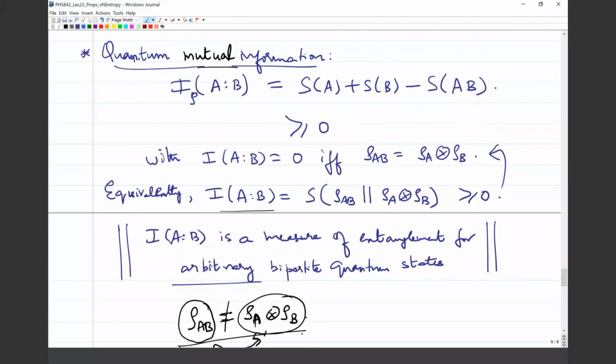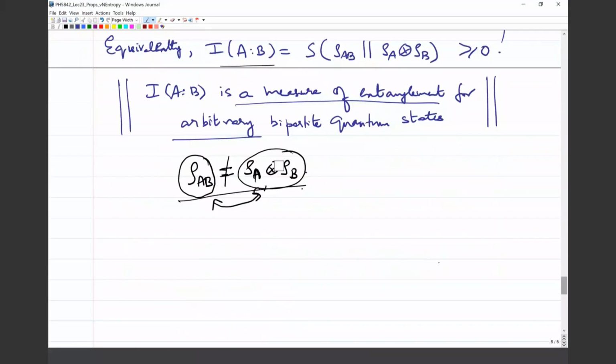So while this is a measure of entanglement, there can be other measures of entanglement which might make sense in other scenarios and so on. But the fact that the mutual information is non-zero clearly tells you that the state is correlated. There is some correlation across subsystem A and subsystem B. Okay. Questions?